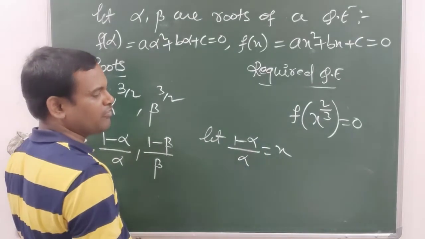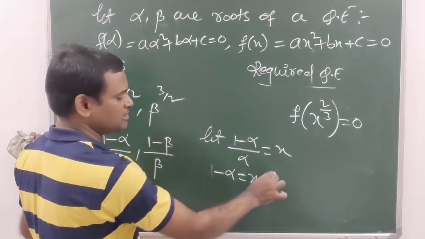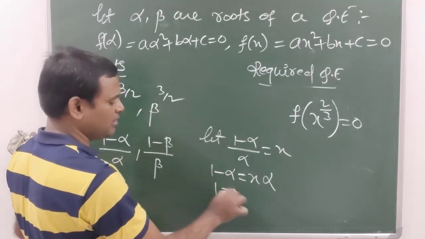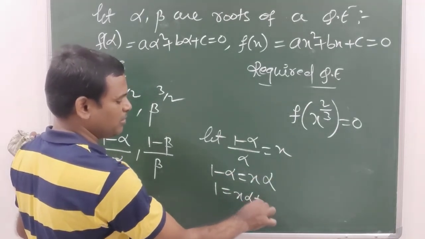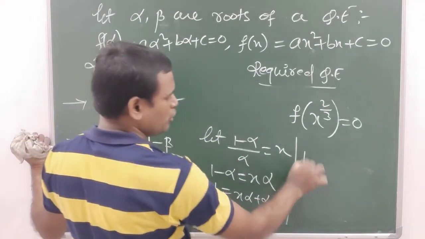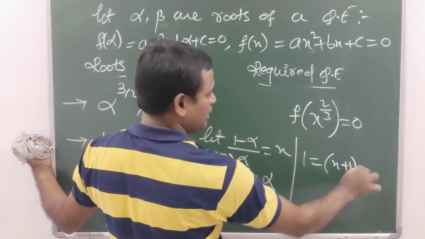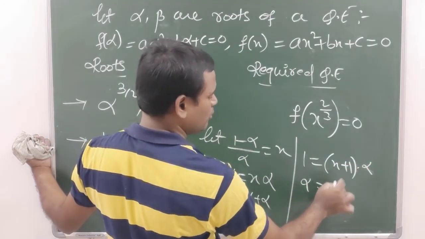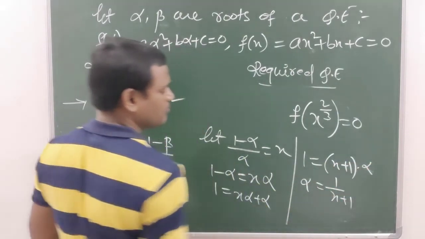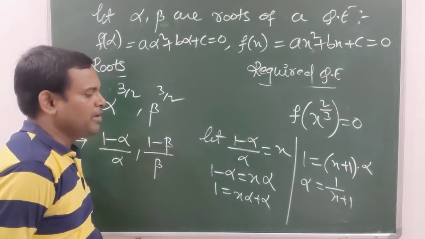Now here make alpha the subject. 1 minus alpha, when it comes to the right side, x alpha will come. 1 is equal to x alpha plus alpha. Okay? Now make alpha the subject. How do you make alpha the subject? Take alpha common, so x plus 1 into alpha will come. Now alpha is equal to 1 by x plus 1.